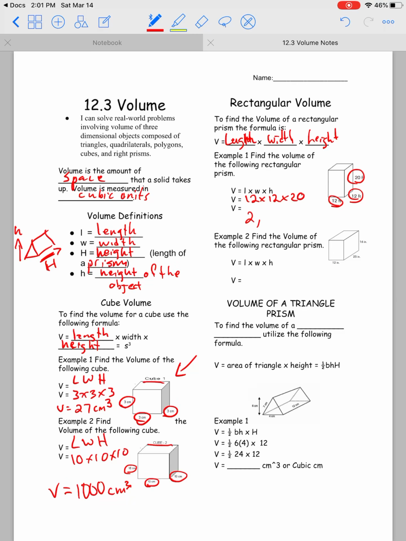That's going to give you 2,880 feet cubed. Okay, I'm going to skip this one to keep the video a little shorter. It's the same process, so no need to repeat it.